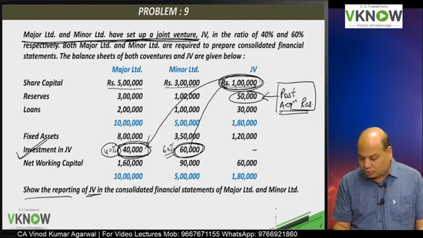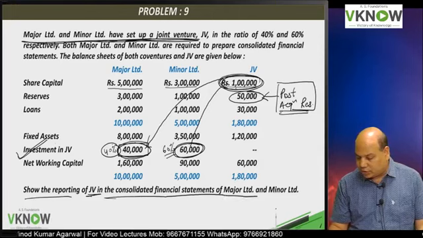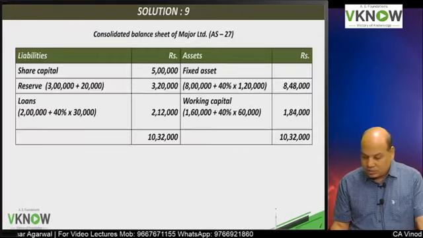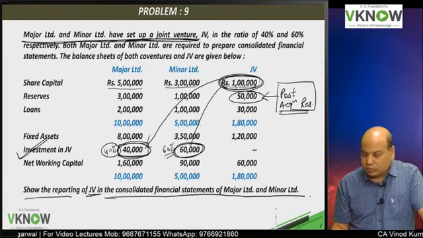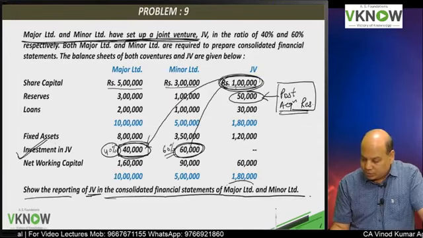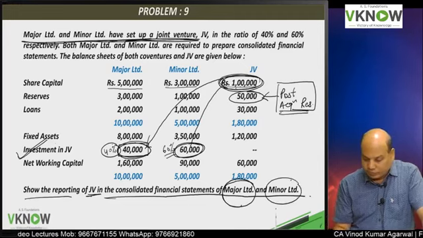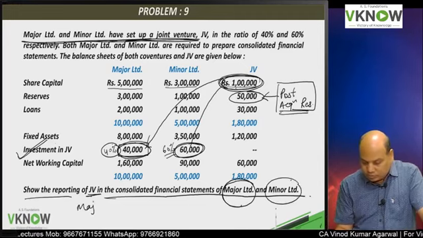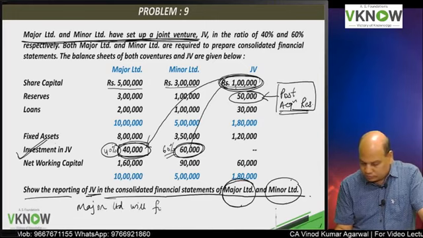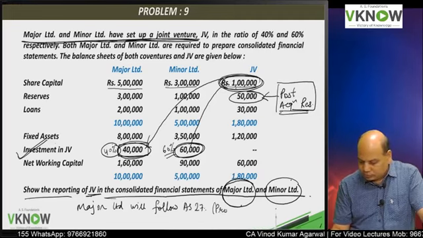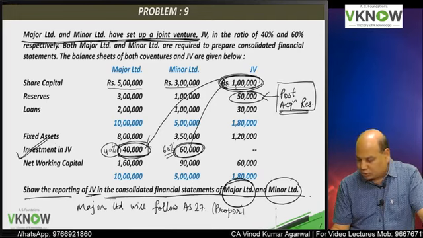Show the reporting of joint venture in the consolidated financial statements of Major Limited and Minor Limited. So you have to prepare consolidated financial statements for both parties. Major Limited will follow AS 27, proportionate consolidation.